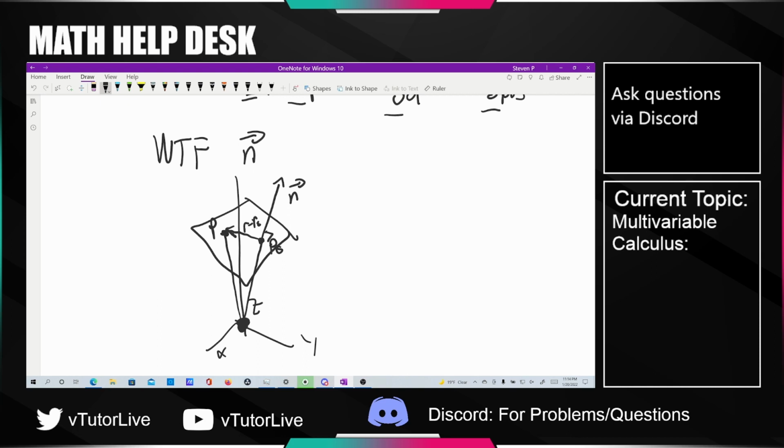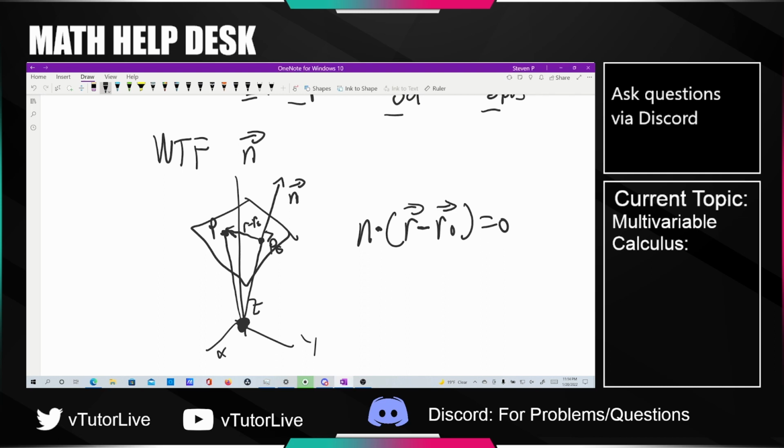The equation of a plane is essentially saying n dot (R minus R naught) is equal to 0. Because by definition, the normal vector to a plane is perpendicular to the plane, and that means it's perpendicular to every single vector inside that plane.